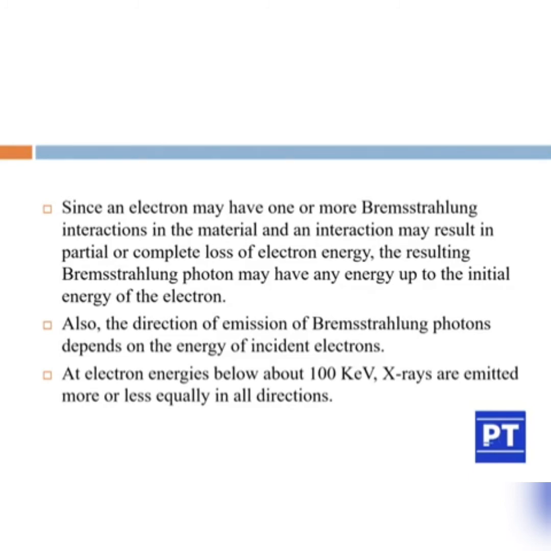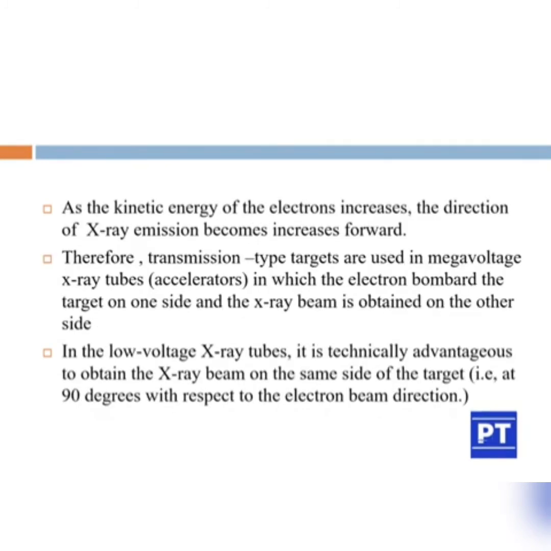At electron energies below about 100 keV, the X-rays are emitted more or less equally in all directions. As the kinetic energy of the electron increases, the direction of the X-ray emission shifts forward. Therefore, transmission type targets are used in megavoltage X-ray tubes.